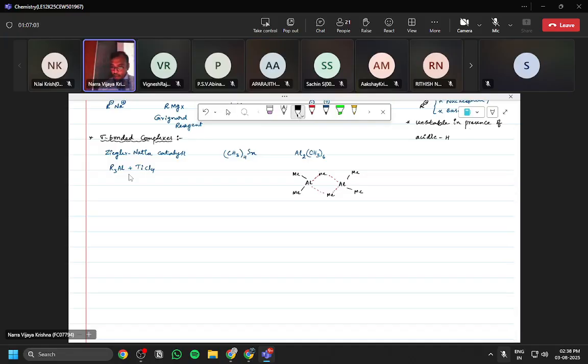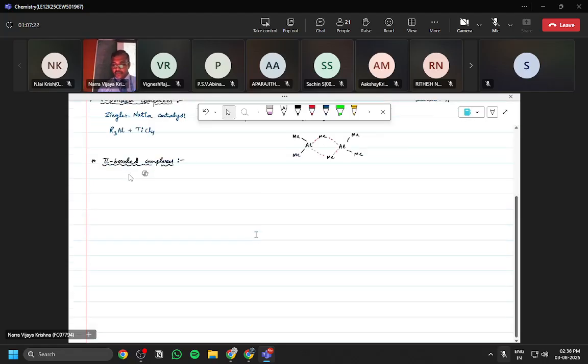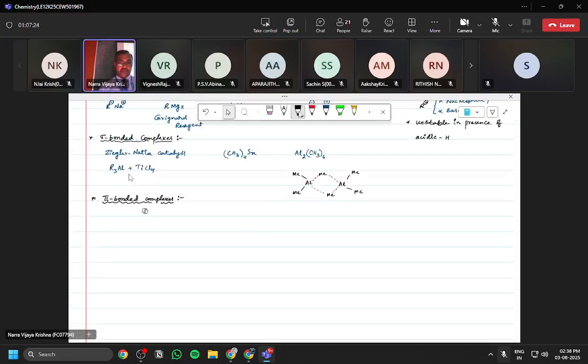Next side heading, pi bonded complexes. Already we discussed pi bonded complexes. Hapticity. Example, Zeise's salt.